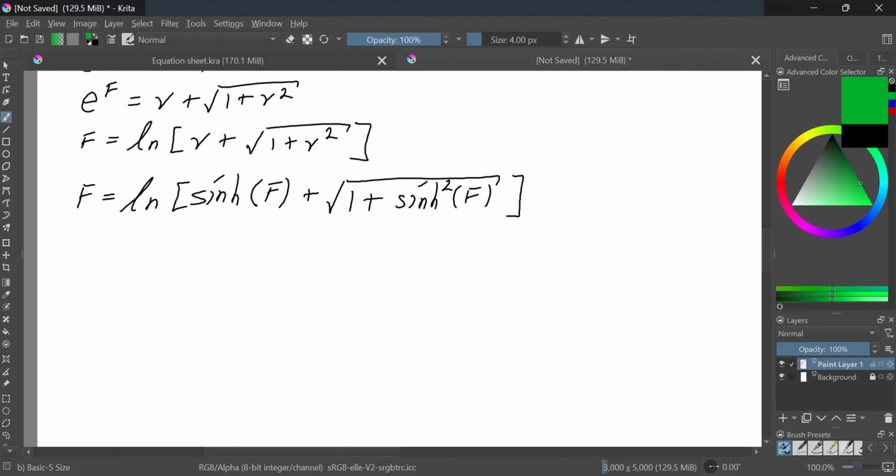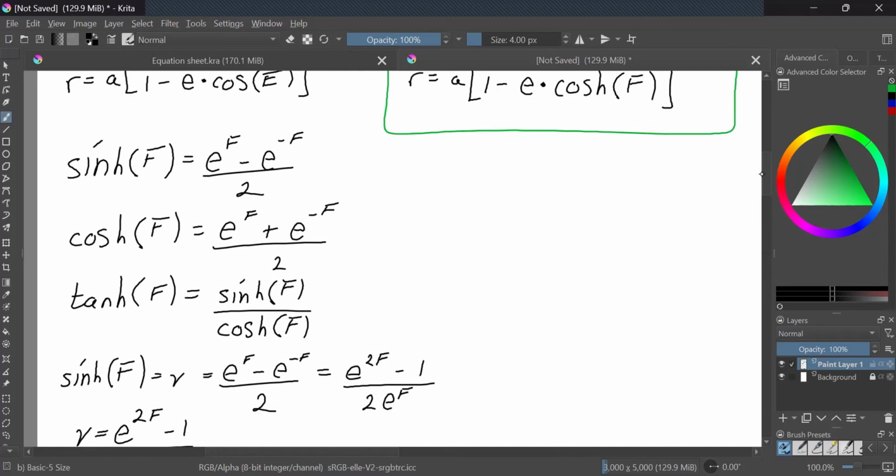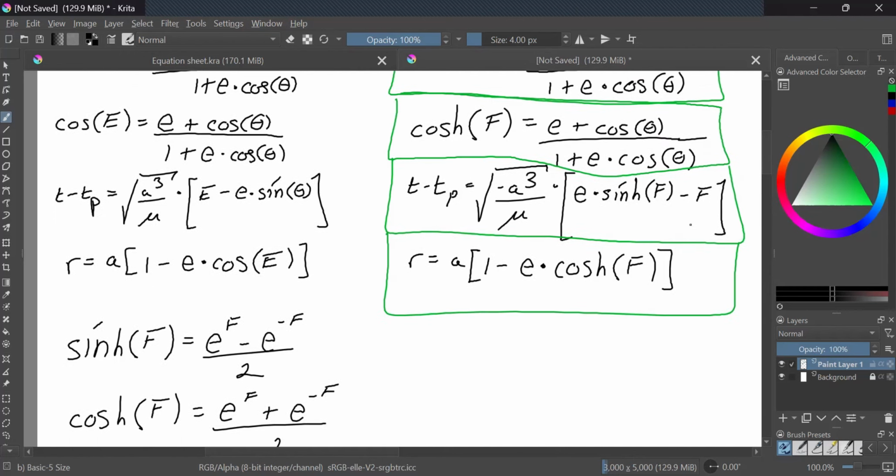It is the exact same. And there you go. You have a method. You have an equation to use to convert from hyperbolic sine to f so that you can use it for this equation. Of course, if you have a calculator that has an inverse hyperbolic function on it, you can always use that. My calculator does. I just do this for fun.